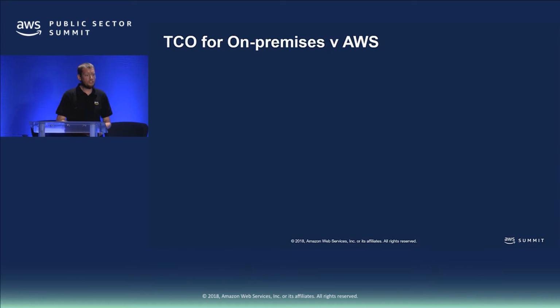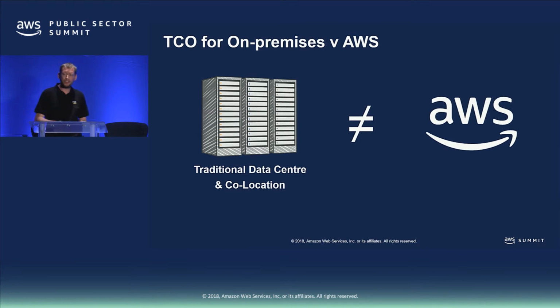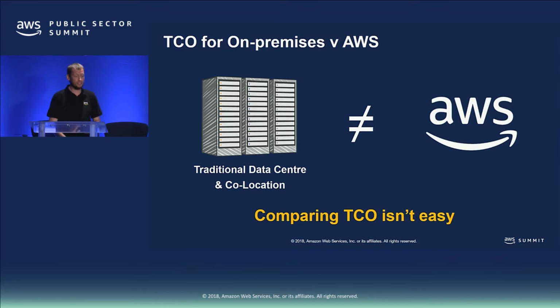So when we look at TCO for on-premises, all right, we've got traditional data centers and co-location. That's going to be the areas we're going to be focusing on. And what you'll find is actually it's very difficult to do a true TCO between the two because the things work in different ways. So we're going to look at the different components that make up a TCO and how we can actually identify commonalities and identify where you can start assessing differences.